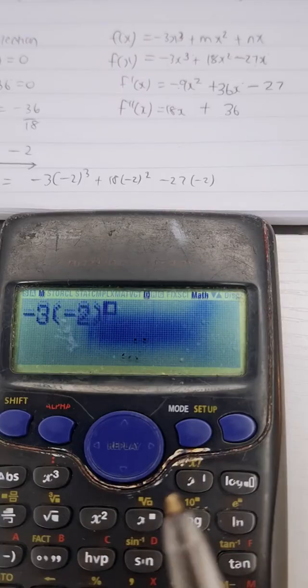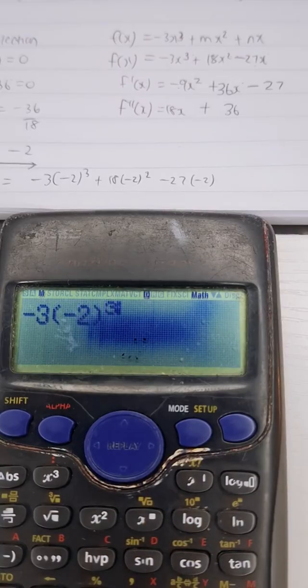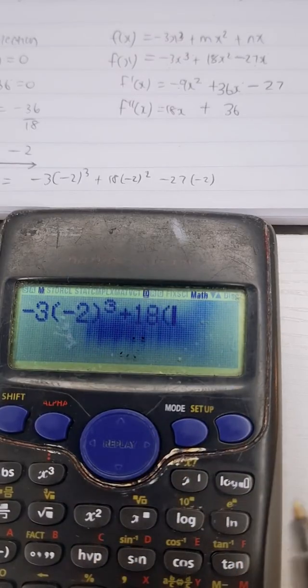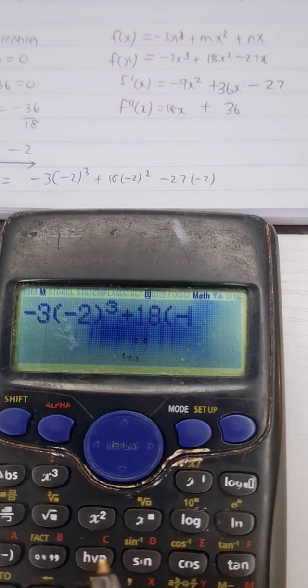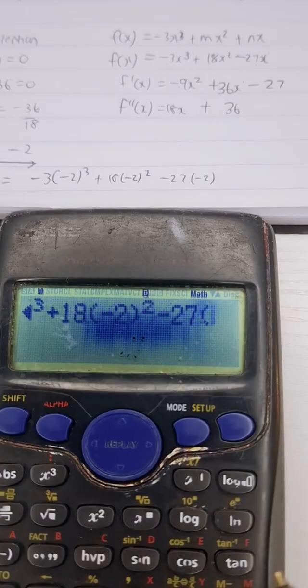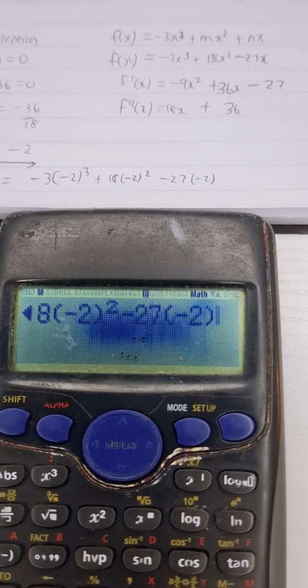We put the to the power 3 there. Plus 18. We put the bracket. We put negative 2 in brackets, the whole thing squared. Minus 27. We put the bracket, negative 2, we close the bracket.